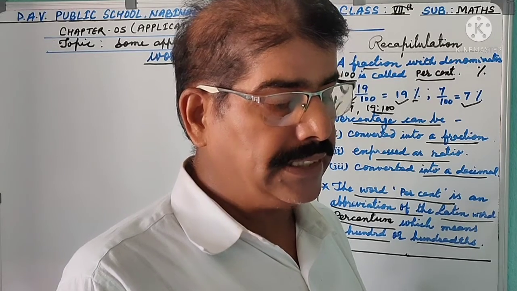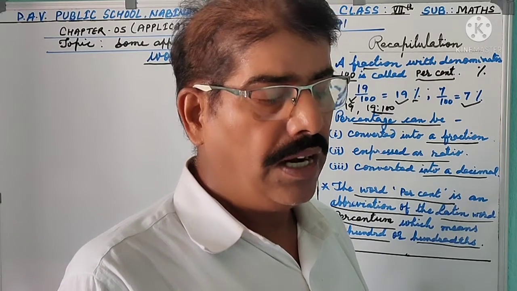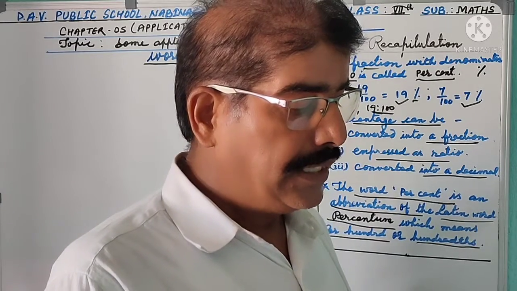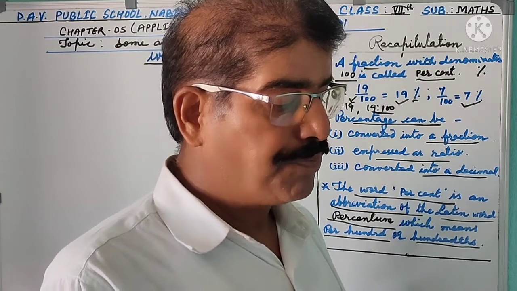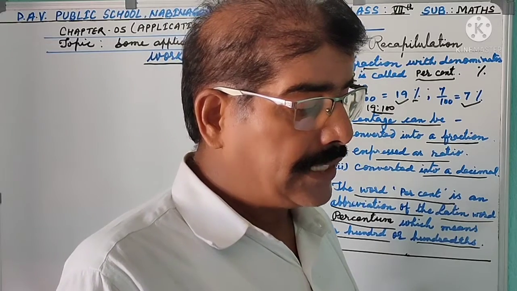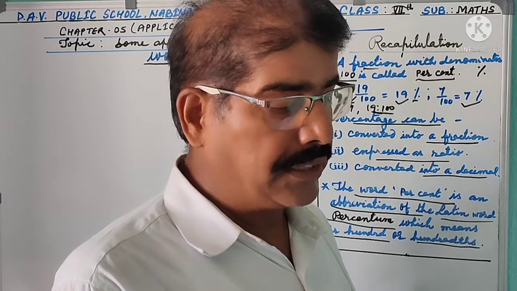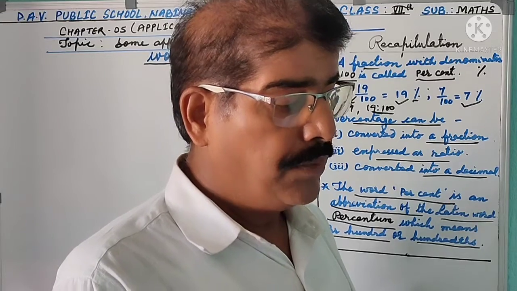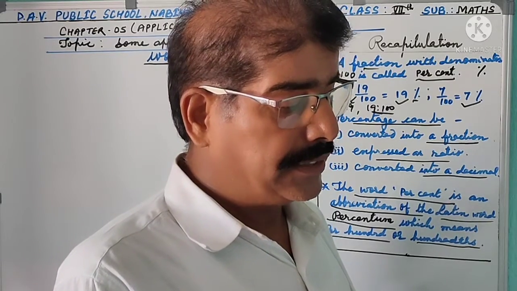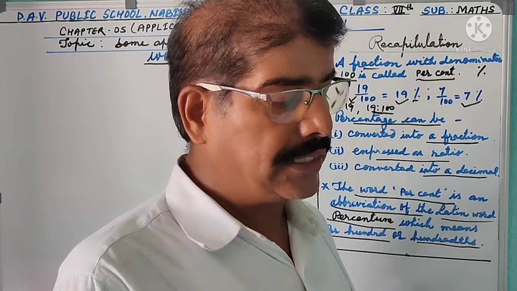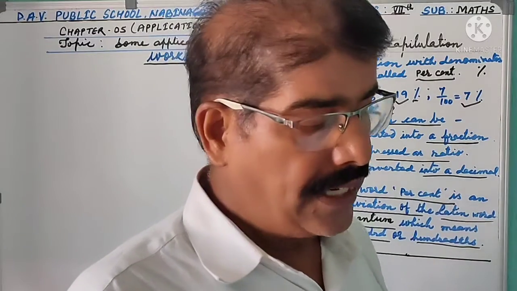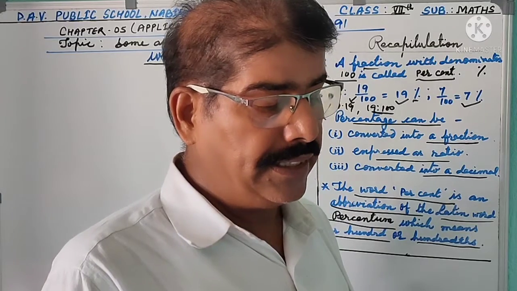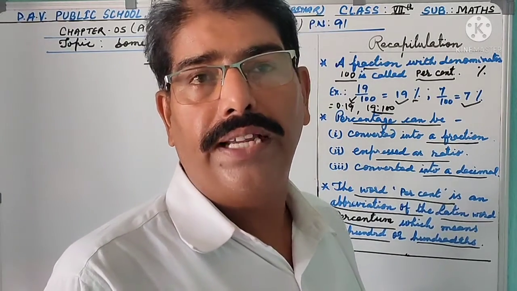If this is 70% of her pocket money, find the pocket money. Dear students, here it is given Radhika spends 350 every month, and how do you find the total money? Let Radhika's pocket money be X and money spent 350. Also money spent is 70% of X.